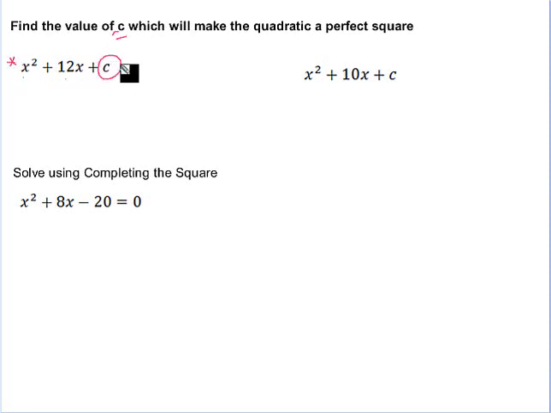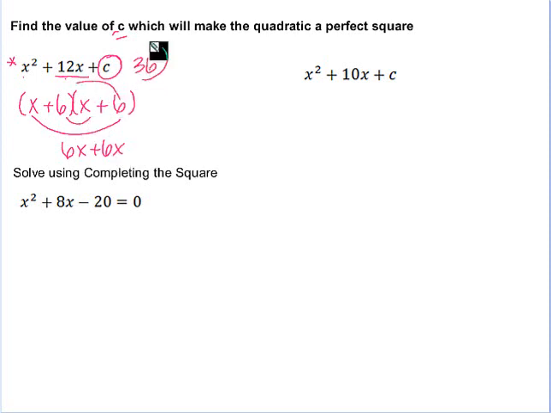So we need to figure out what number we could add on here that would make it a perfect square. Well, in order for us to have gotten 12 here, we would have had to have plus 6 and plus 6, because we would have wanted 6x plus 6x. Well, 6 times 6 is 36, so our c value here is 36.